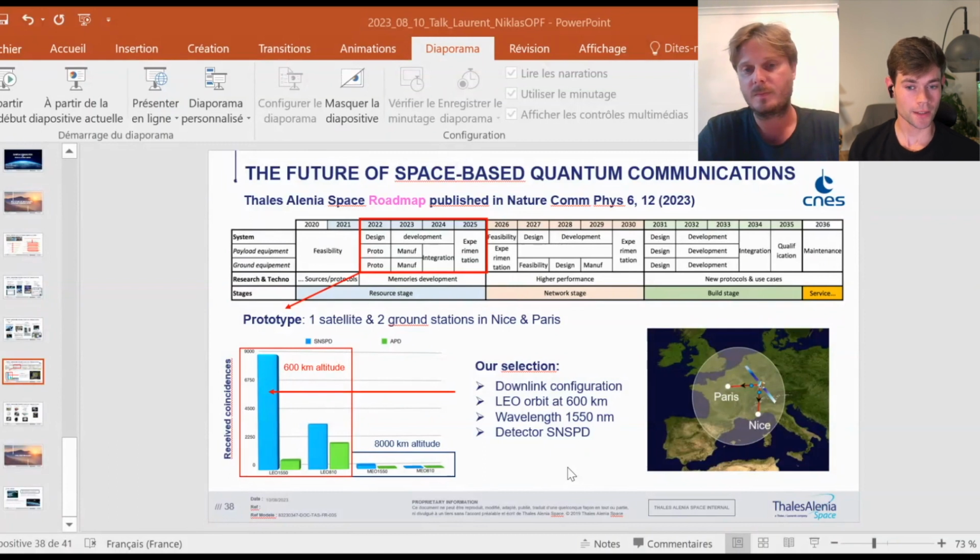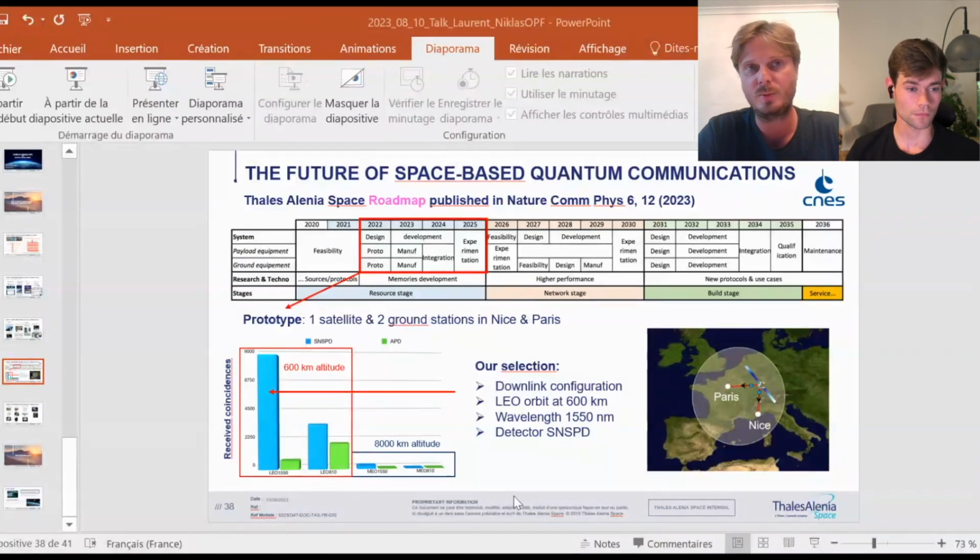Are those SNSPD detectors? Because you also have APD detectors, right? From reading the paper, I understood that APD detectors are potentially easier to put inside of a satellite compared to SNSPD. That's true. Is that because of the cryogenic components primarily? Exactly. So that's easier, but still very challenging.